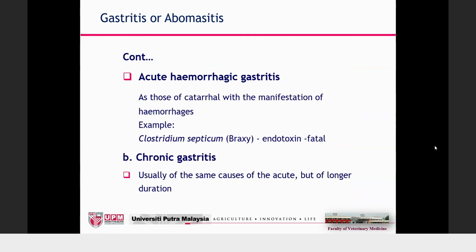In the acute form, we get acute hemorrhagic gastritis, manifested by hemorrhage, which can be a result of Clostridium septicum, leading to endotoxin and fatal outcome. In chronic gastritis, I think the cause is about the same as the acute, but it takes a longer duration.